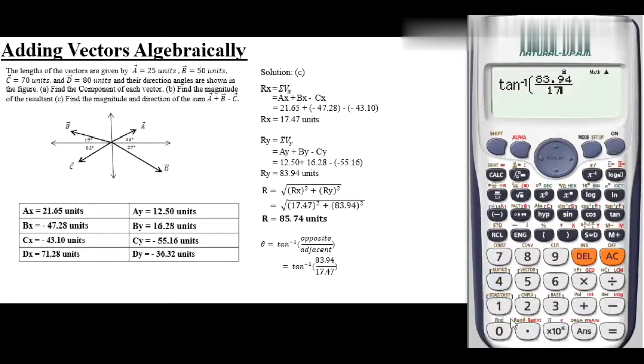So that is equal to 78.24 degrees. So theta is equal to 78.24 degrees.